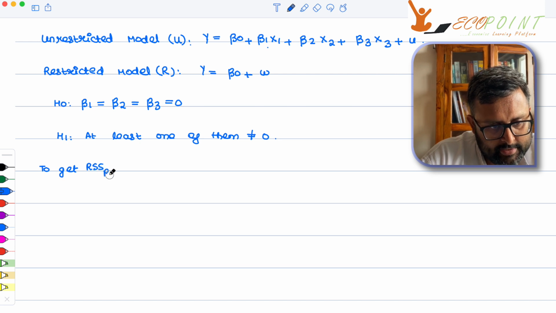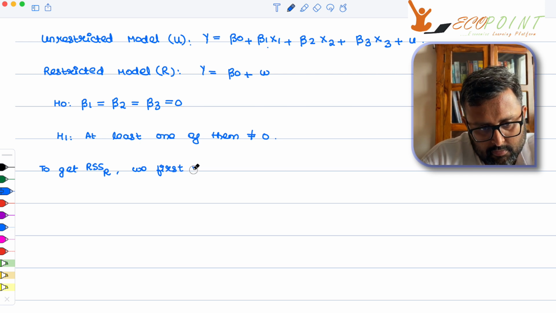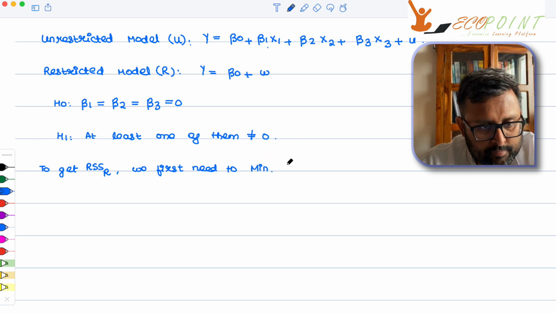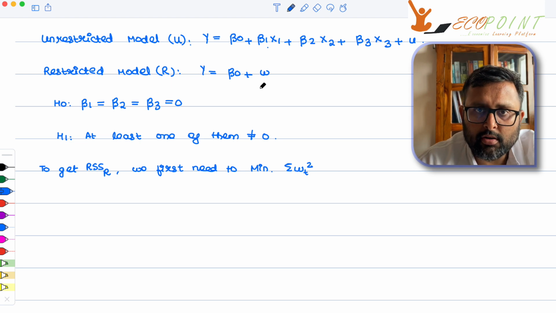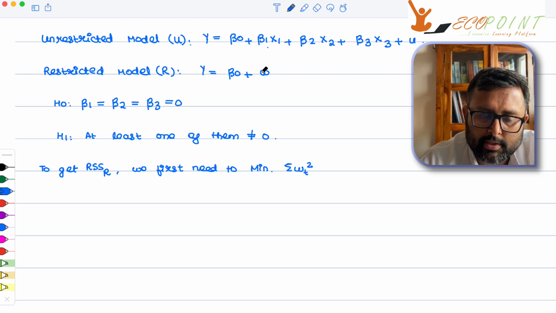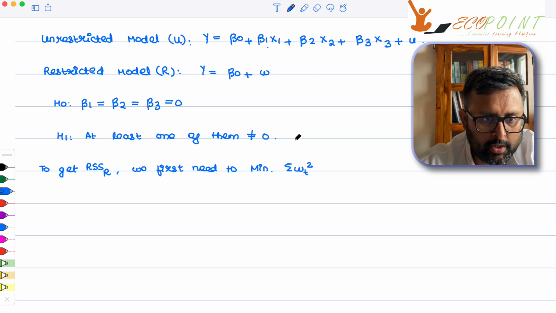To get RSS R, we first need to minimize. This is what you do, no? This is your error term here, the residuals. So you find the residuals, square them and sum them, and then you minimize the sum of squares.